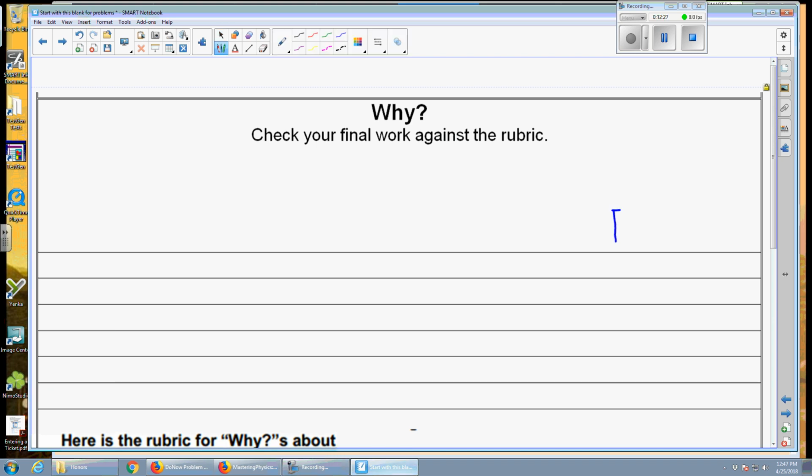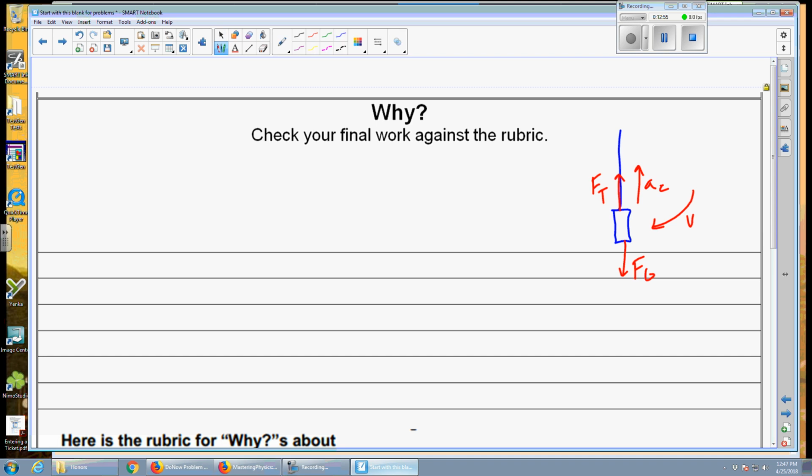So here's my detailed drawing of Jill, and there's the vine. We know she's accelerating this way because she's in circular motion. But her weight is going to be down, and there's going to be a tension upwards.